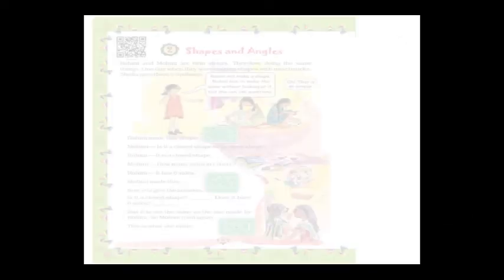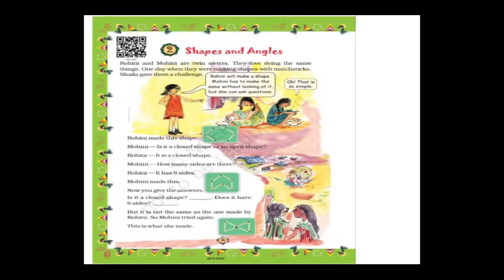Now let us start shapes and angles. Here is one story: Rohini and Mohini are twin sisters. They love doing the same things. One day when they were making shapes with matchsticks, Shaila gave them a challenge. Rohini and Mohini both are twin sisters.